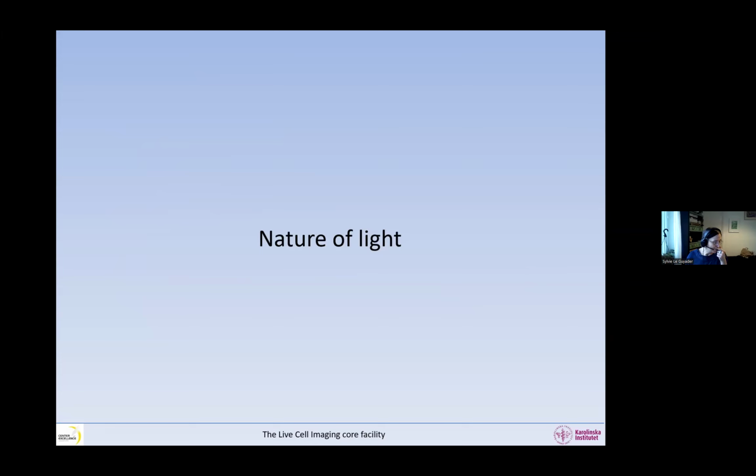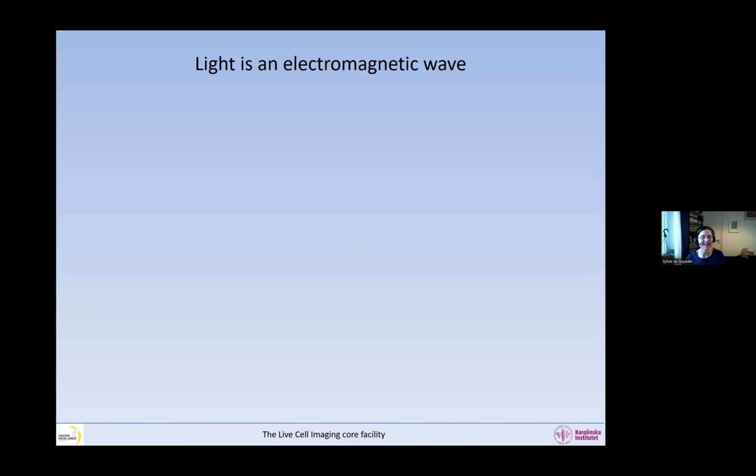So I'm going to start now with the first little lecture. Nature of light. Let's have a look at what it is. So light is an electromagnetic wave. And so what does that mean? What is an electromagnetic wave? So basically, if we have a point charge, so it's a charge, but it's like a little point, and it's not moving, then it produces around itself an electric field.